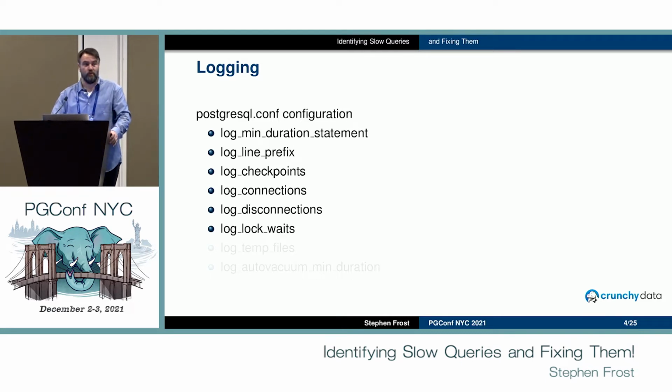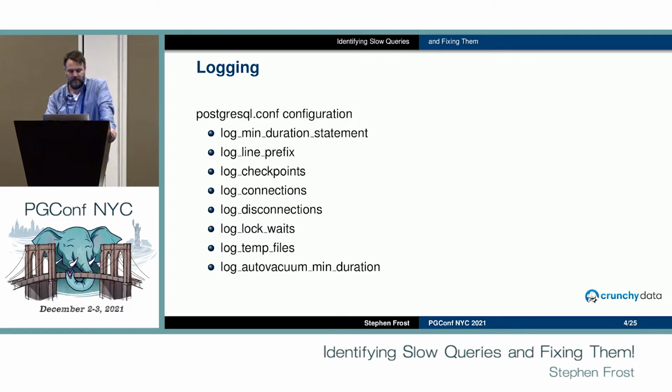Lock waits is a really important one. If you haven't dealt with locking, then you're lucky, because in my experience that's a common reason why queries end up being slow: locking and blocking with other queries and other activity on the system. Temp files can sometimes be an indication of poorly performing queries, so we'll look at that. And we'll talk a little bit about autovacuum.